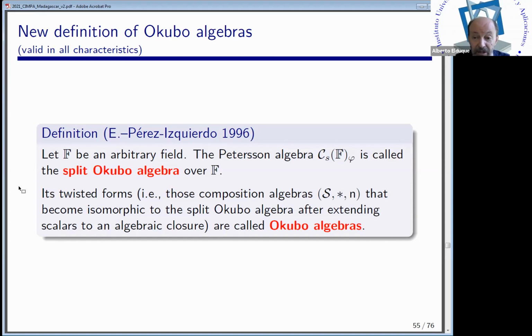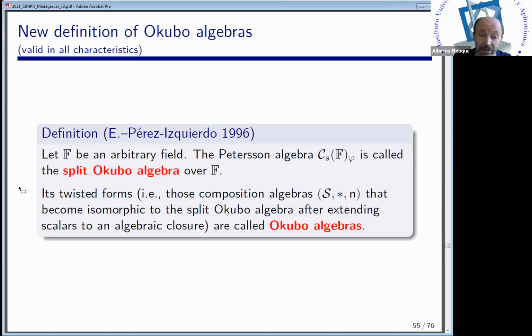And this is a new definition that was given almost 20 years after the discovery by Okubo of these algebras. But the nice thing about this definition is that it works in any characteristic. And actually, the algebras that one obtains in characteristic different from 3 are exactly the algebras that we obtained before.